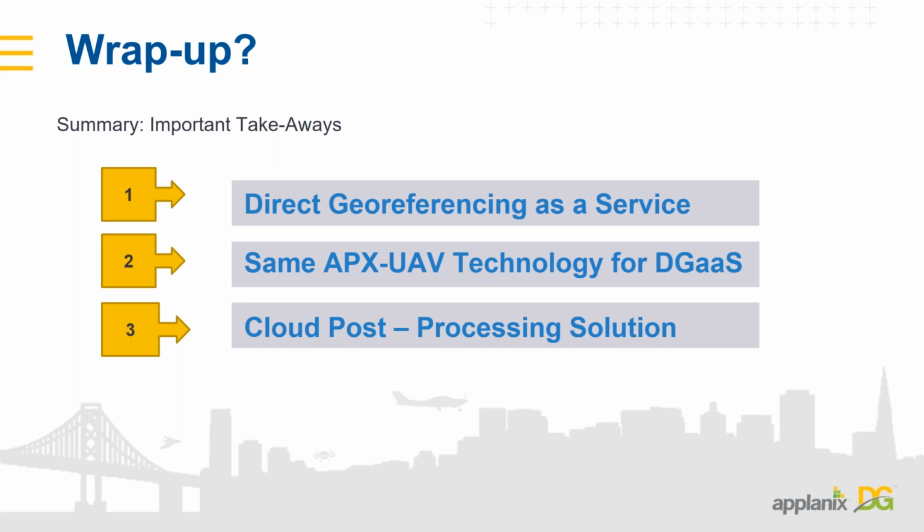It's the same technology whether you purchase it as a perpetual license or consume it as a service. So you have access to that same great direct georeferencing technology. And of course, it is tied to a cloud solution for the post-processing. And you only pay for what you use. It's a pay-per-use model. You're just paying for the data that you're processing.